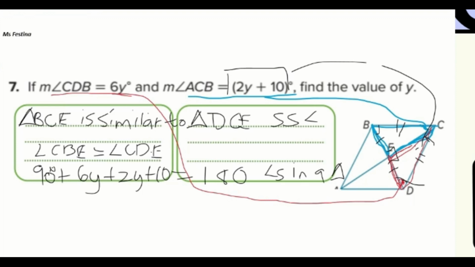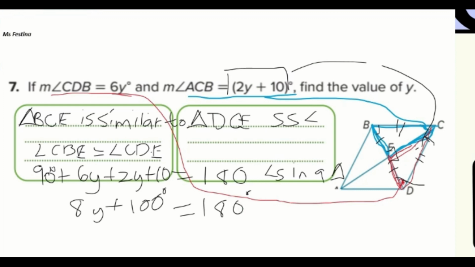Then I'm going to group my like terms. I have 6y plus 2y, they add up to 8y. Plus 90 plus 10 gives you 100 degrees, equals 180.